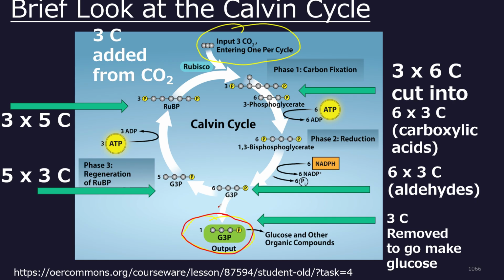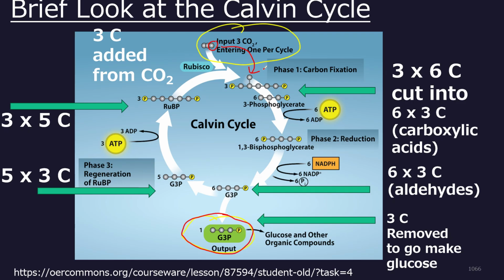In the first step here, one of these CO2 atoms gets stuck on a 5 carbon chain to make a 6 carbon thing, and we'll do that 3 times to make 3 of those. But then some shifting around happens, and instead of 3 6-unit chains, we make 6 3-unit chains, but the number of carbons there should be basically the same.